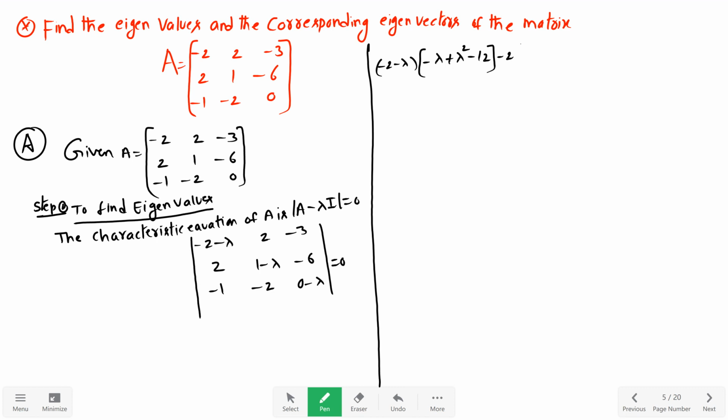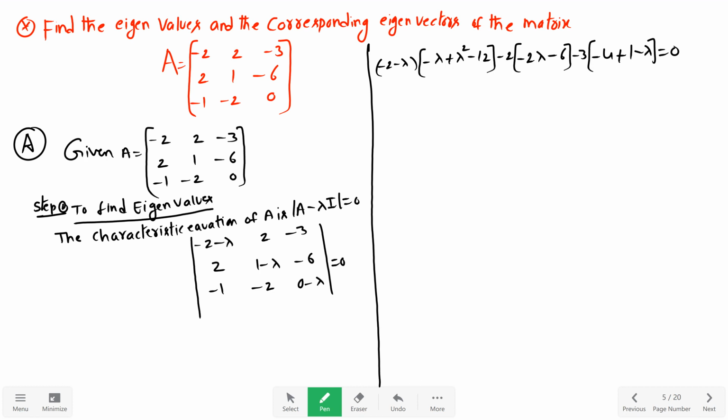Next is minus 2 into the second column: minus 2 lambda minus 6. Plus, into minus 3, the third column: minus 4 plus 1 minus lambda, equal to 0.